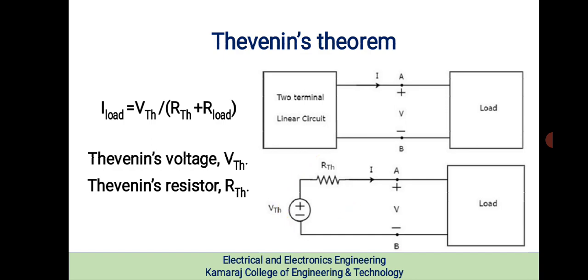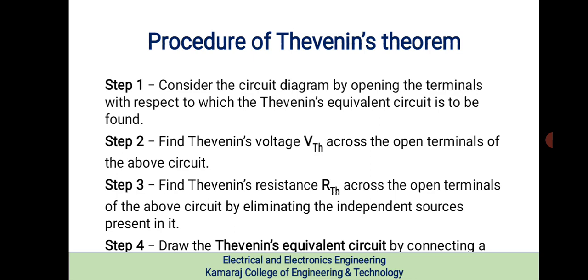So what are the steps followed for that? Here there are four simple steps. One is to consider the circuit diagram by opening the terminal with respect to which the Thevenin's equivalent circuit is to be found. So for that, we need to find the load current across any one of the resistances, meaning we need to open that resistance and redraw the circuit. This is the first step.